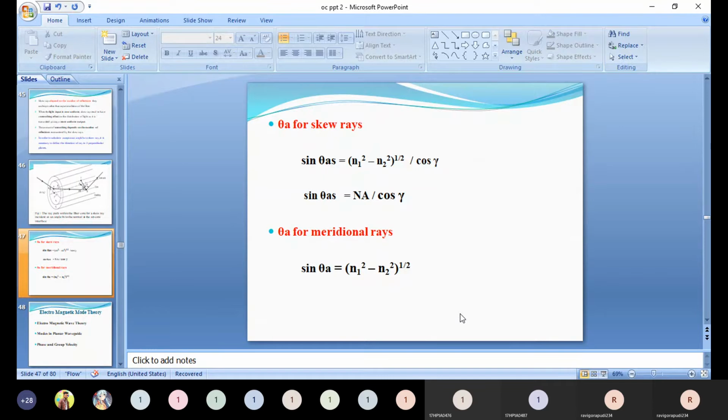Okay, very good. Yes, sir. But here for skew rays we are getting square root of n1 square minus n2 square by cos gamma. In addition, we are getting cos gamma only.